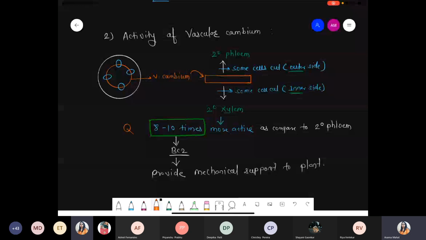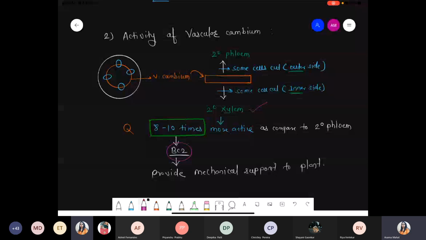If we compare speed, whose is more? Obviously the secondary xylem formation rate is more active, 8 to 10 times more active. Why are we talking about this? Because in this condition secondary xylem provides mechanical support.